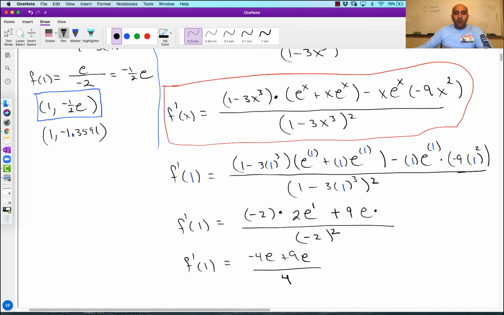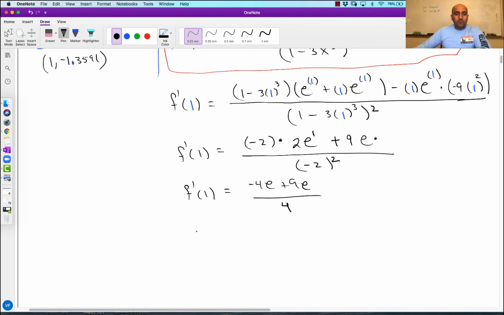And minus 4e plus 9e becomes positive 5e, divided by 4. So it's really equal to 5/4 e, or this becomes 1.25 e.